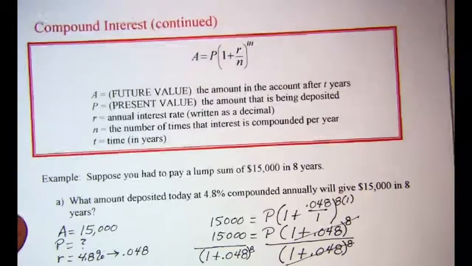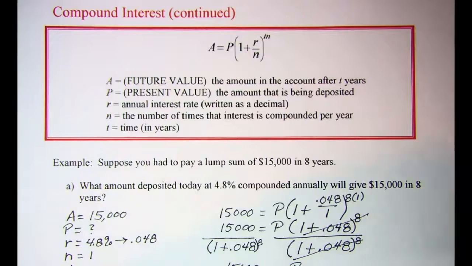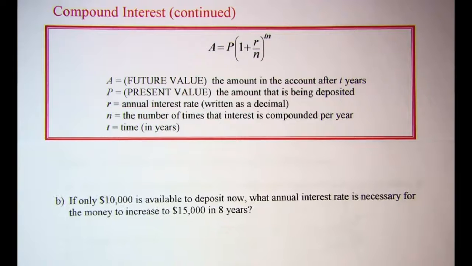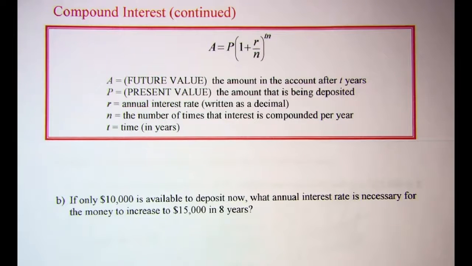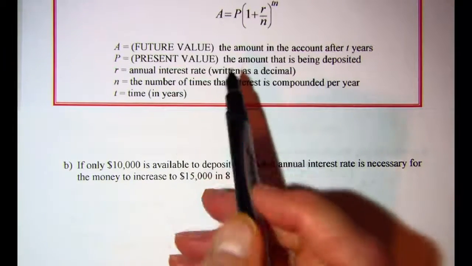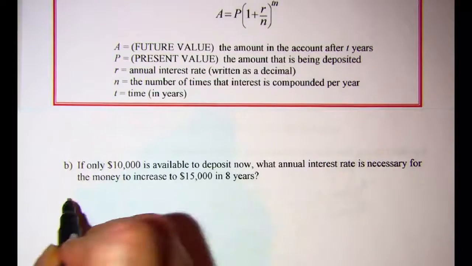I want to keep this formula visible. So we're going to continue with the problem. If only $10,000 is available to deposit now, what annual interest rate is necessary for the money to increase to $15,000 in 8 years? Right, again, I'm going to just write my letters or my variables that I have to work with.